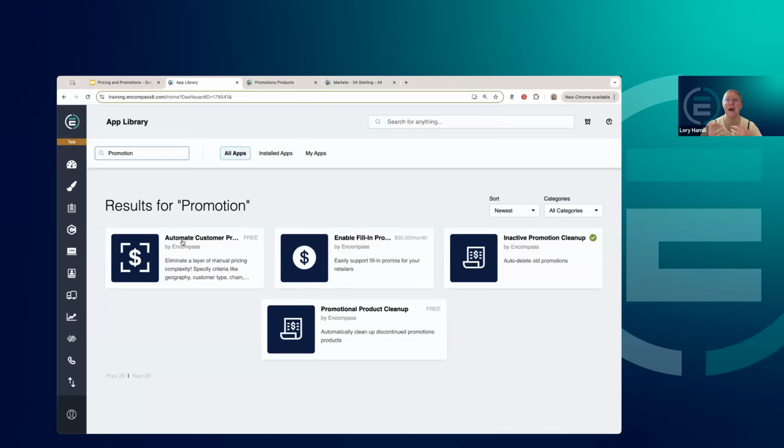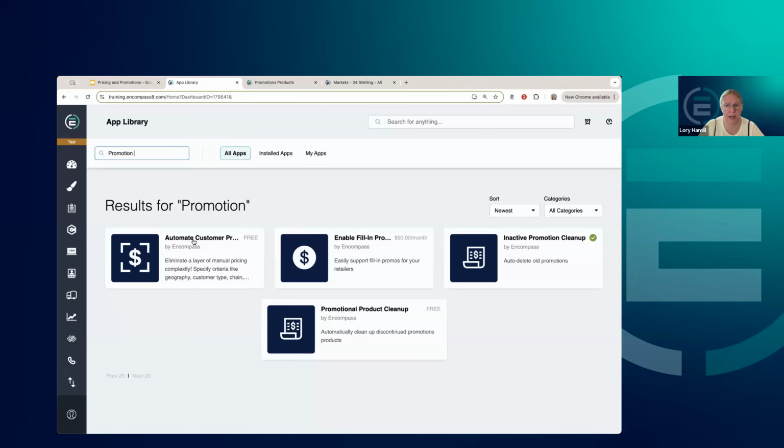Like, what is their AR account terms set at? All of those different things. It's a complex process, and this can help with it. We have apps that do help, and automating customer pricing ensures that of those three things we talked about, the customer, the product, and the price, they're more easily matched when we're setting that sort of default.